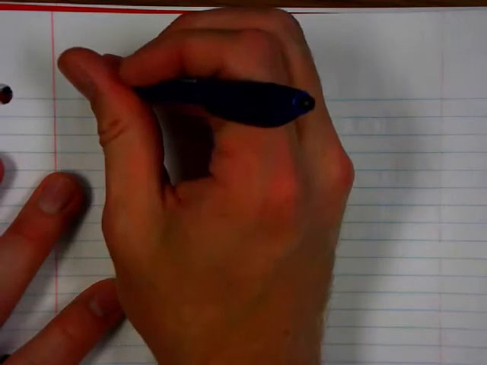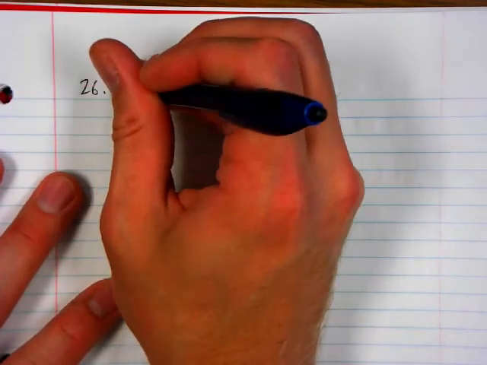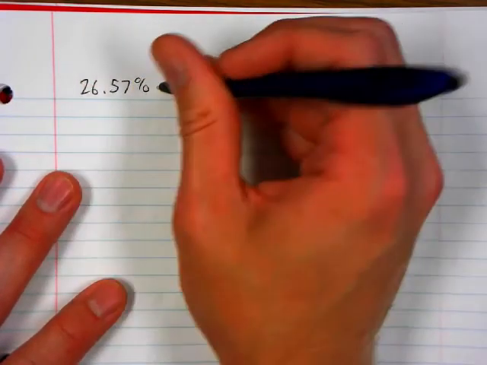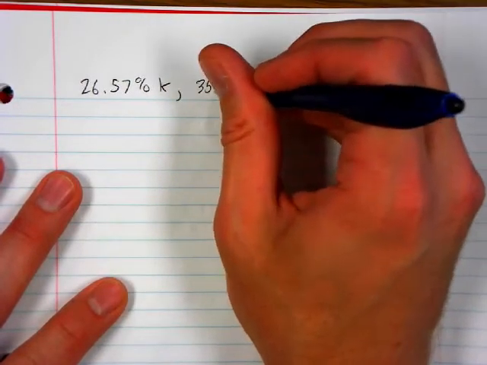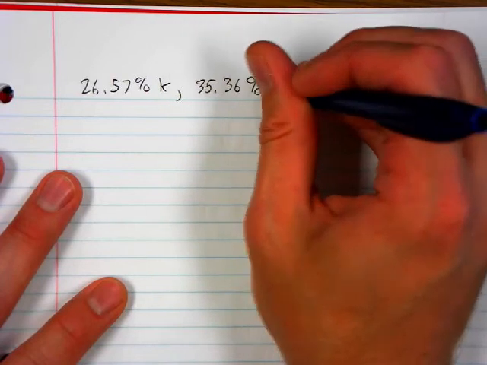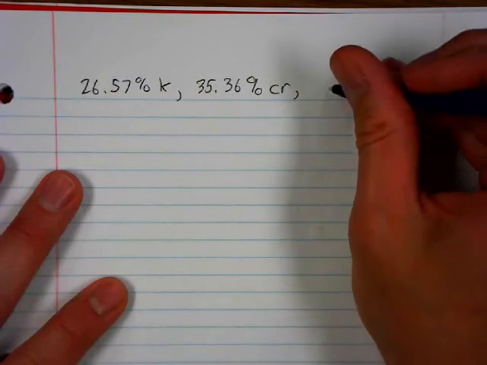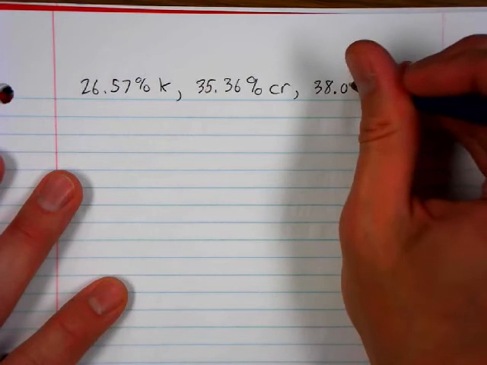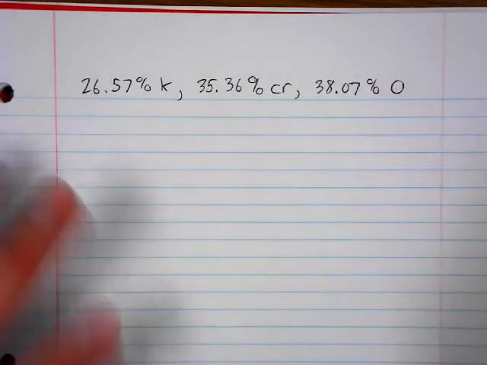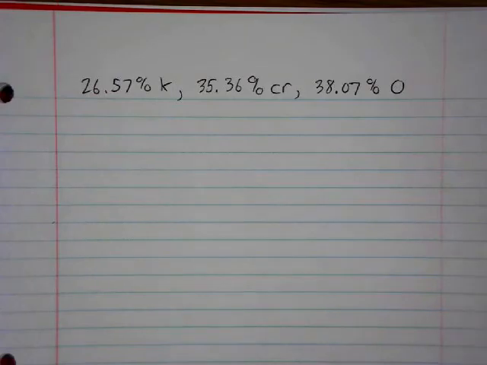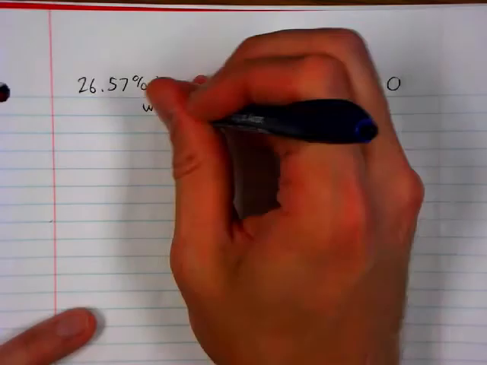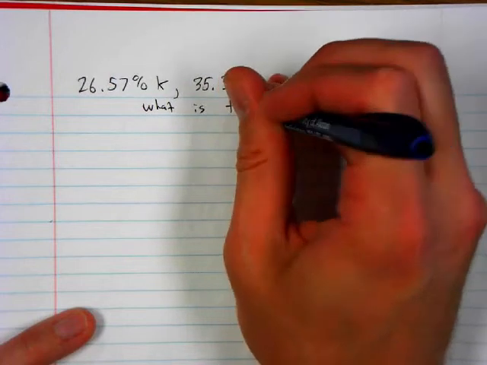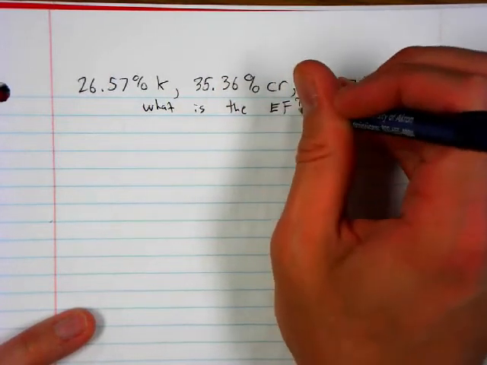Okay, so if I gave you something like this, I'm going to turn the page actually. If I said a compound is made up of 26.57% K and 35.36% Cr and 38.07% O, and hopefully you figured out those all add up to 100.